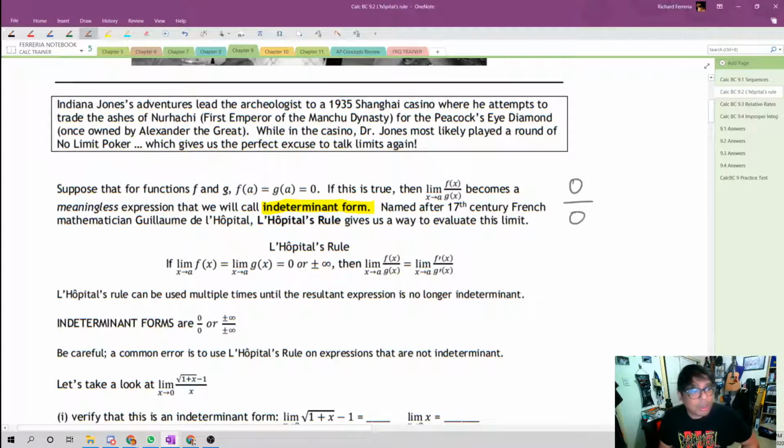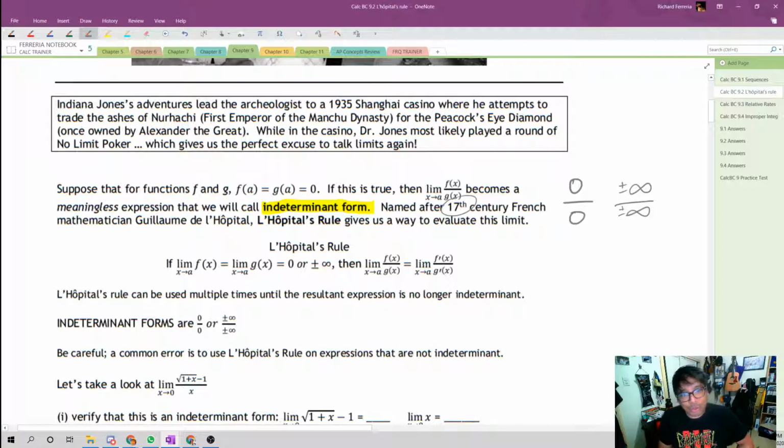Okay, so in order to help us with a limit that has an indeterminate form, we have L'Hopital's rule, which was named after Guillaume de L'Hopital, French mathematician in the 17th century. So this says, suppose we have a 0 over 0 indeterminate form, or we have some kind of infinity over infinity, which is just as meaningless as 0 over 0.